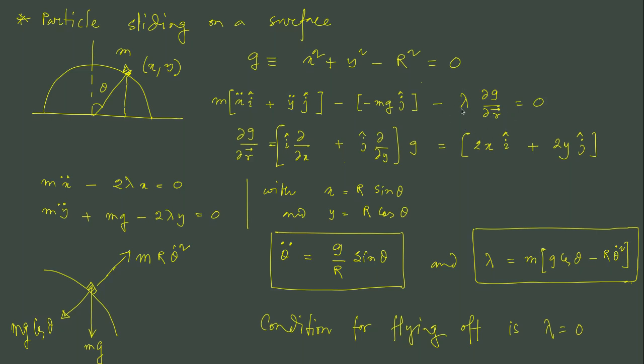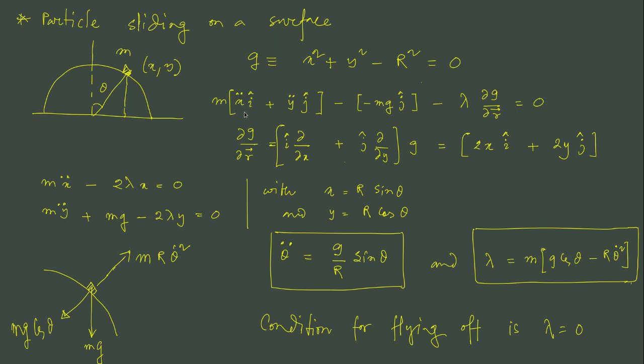So it is minus mg j cap, minus this unknown part, the lambda, unknown quantity, and del g del r. So how do we calculate del g del r? For a vector, it's straightforward. Del r is essentially, like we mentioned, i cap del x plus j cap del y acting on g. g is given by x squared plus y squared minus r squared. So it would be twice x i cap plus twice y j cap.